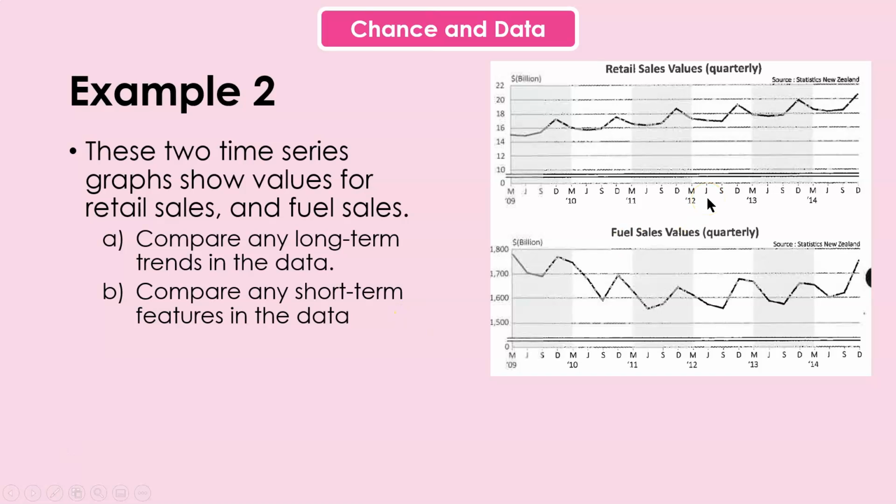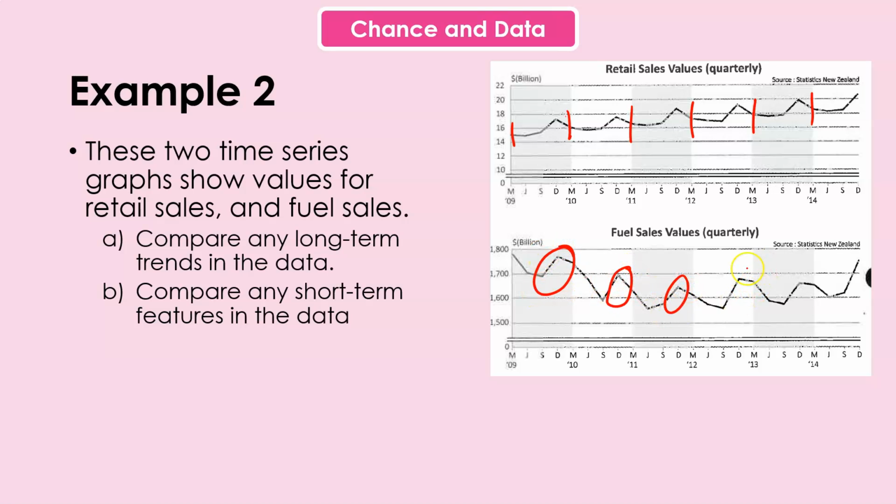So then, looking at comparing the short-term features, I think we can see a pattern that goes from peak to peak. If I cut it from there to there, at the end of the year there's always a peak just before the end of the year, which of course is Christmas. With fuel, it does seem to be a peak as well around Christmas time.